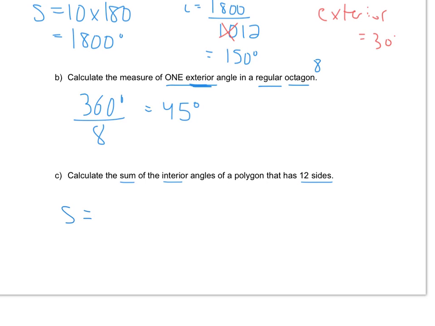So to get the sum, I know that there's 2 less triangles. So there's 10 triangles in total, because there's 2 less than the 12 sides. I have to multiply that by 180 to get 1800 degrees. And that's it. I'm done now, because this is the sum. I'm not going to divide by 12 because this is not a regular polygon.